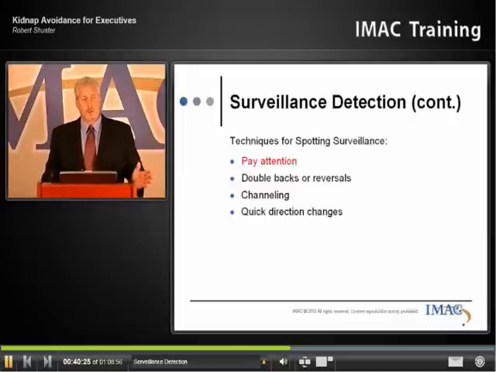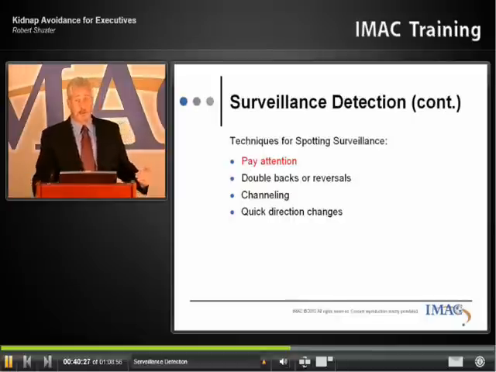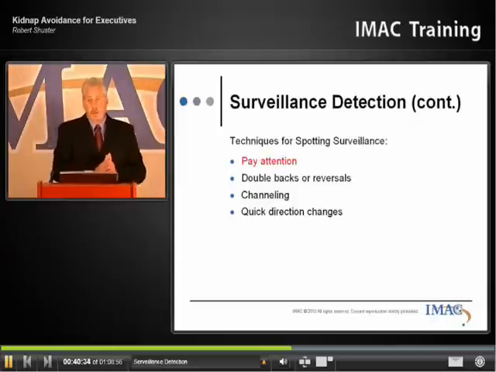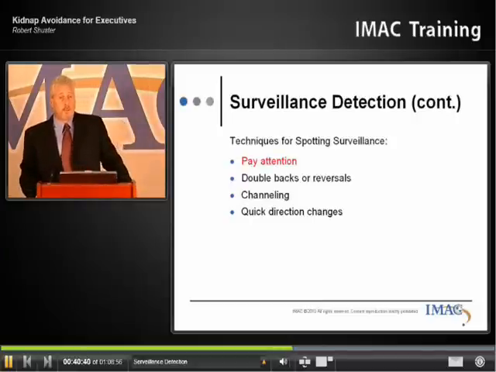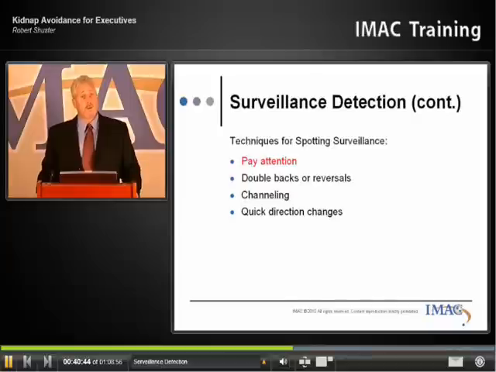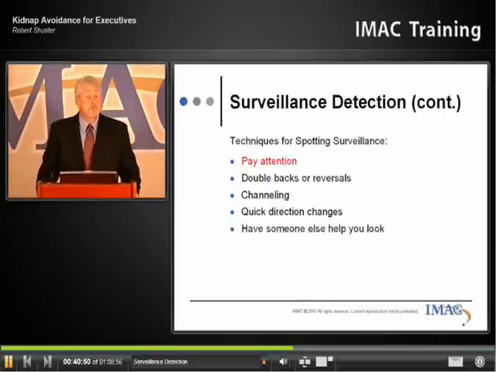You signal to make a turn and then you don't, and the person behind you does the same thing. Or you make a quick direction change. Now, I'm not talking about causing a traffic accident by, like you see on television, skirting across 3 lanes of traffic for an exit. Don't do that. But do something that's somewhat abrupt and see if that car does the same thing that you've been wondering about. Have someone else help you look. If you're driving with people, you can have them help you look.